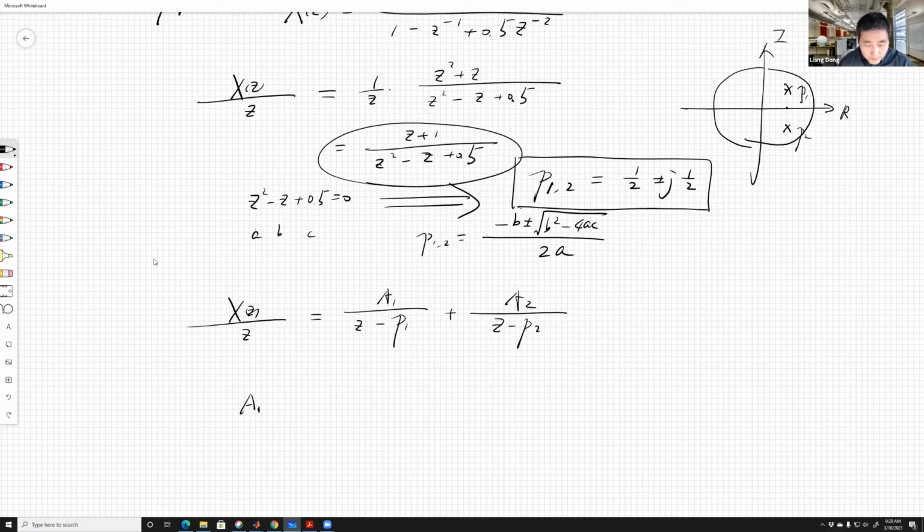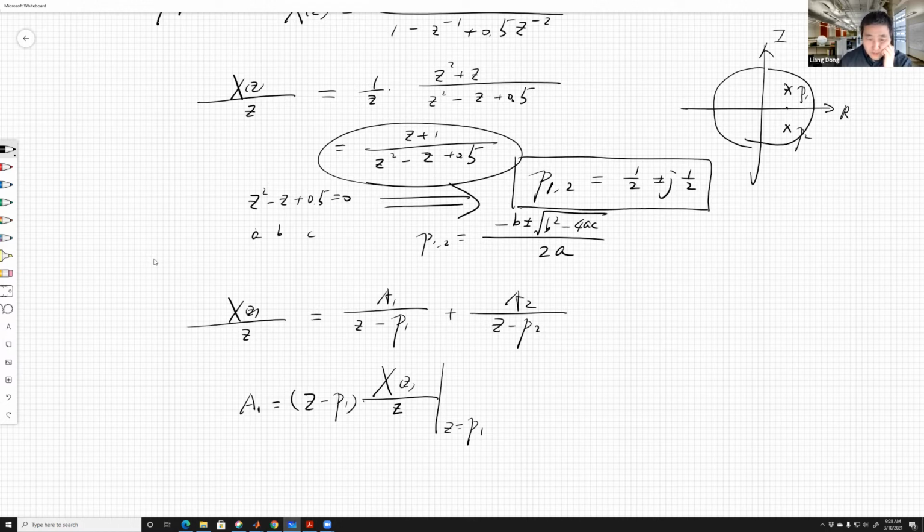A1, the first parameter, is equal to, I multiply this by z minus p1, multiplied by X(z) over z, evaluated at z equals p1, okay? So once you do this multiplication, the first term, z minus p1, cancels out. What you are left with is A1.